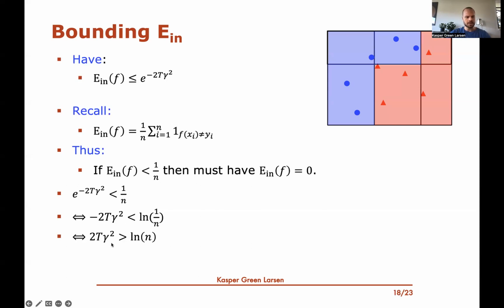Multiplying through with minus 1 flips the direction of the inequality, and we can move the minus 1 inside the log. So we get 2t gamma squared is at least log n. And finally, we can isolate t, and we get that whenever t is greater than log n over 2 gamma squared, then the in-sample error becomes less than 1 over n and then actually becomes 0.